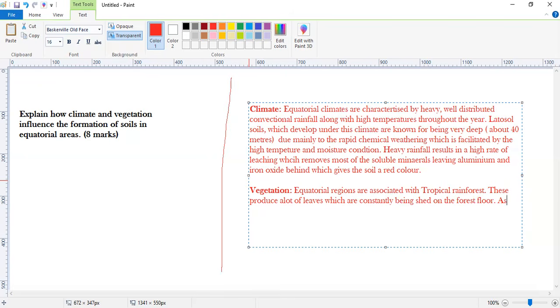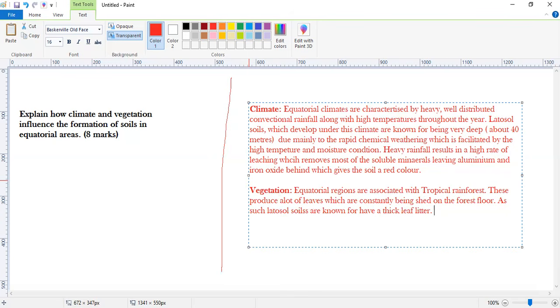And we could say, because we want to connect it to the soil, as such, Latosol soils are known for having a thick leaf litter. All right? And then we can ask ourselves, which other characteristic of Latosol soil can I talk about that is somehow related to vegetation?